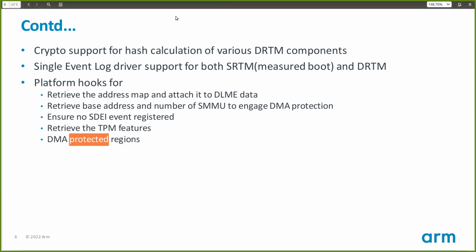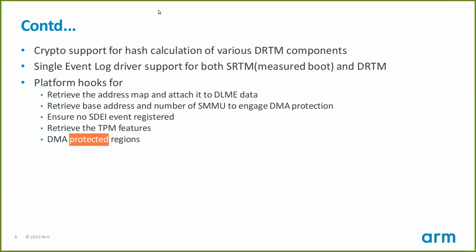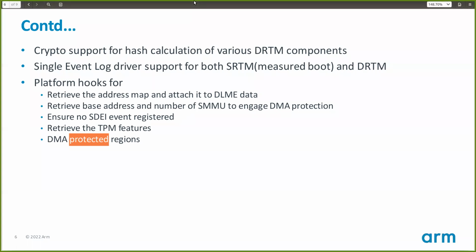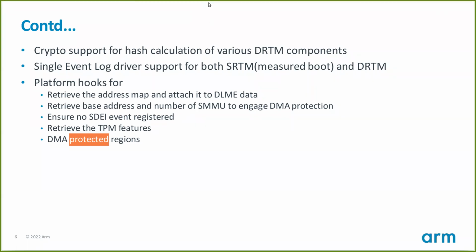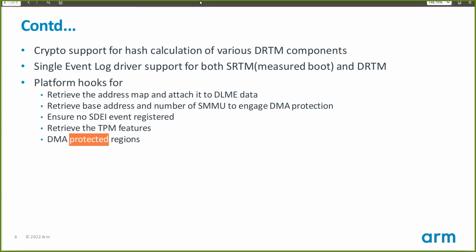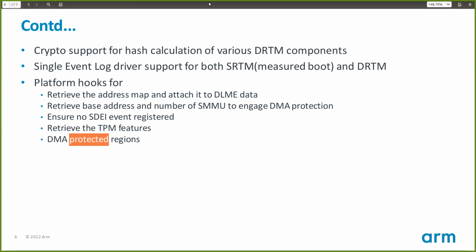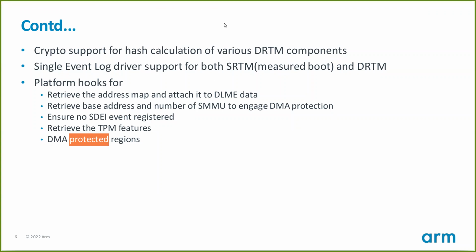If they want a hardware TPM in their platform, then they can use these platform APIs and provide the features of the TPM via those platform hooks. But currently it is very much a firmware-based event log mechanism, where the physical TPM is not involved in the FVP implementation. Does that answer your question?